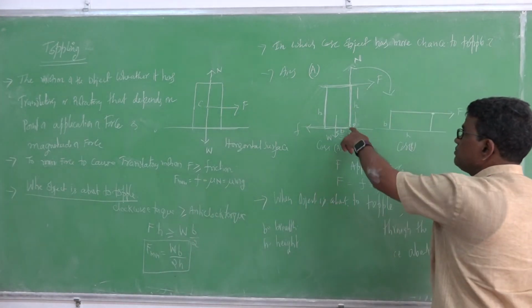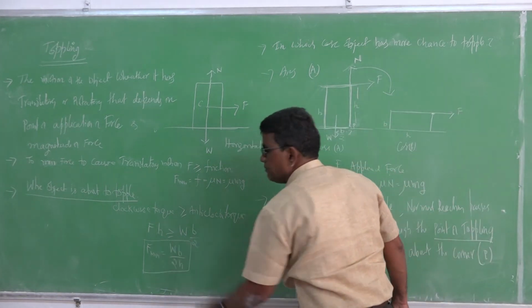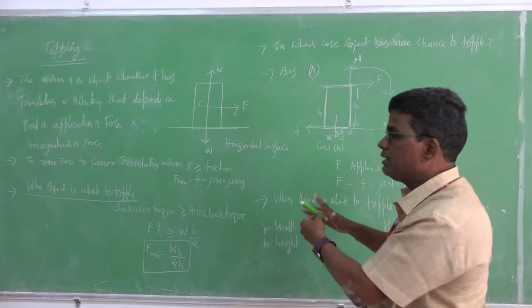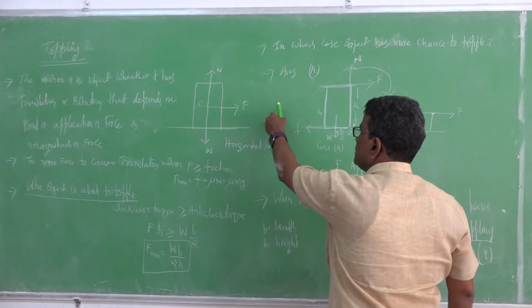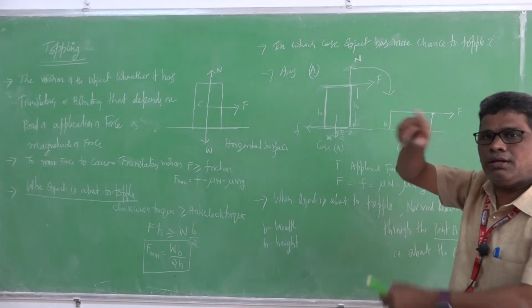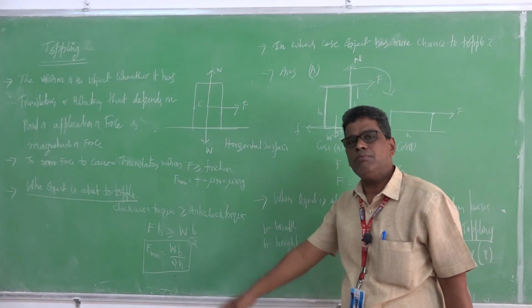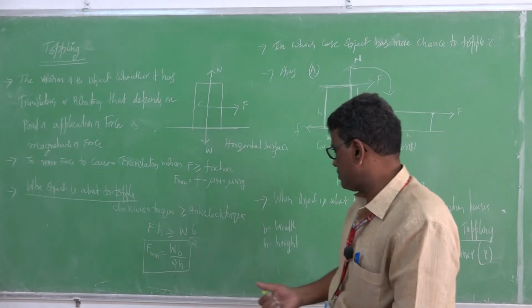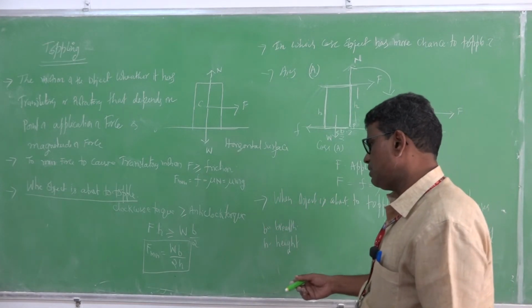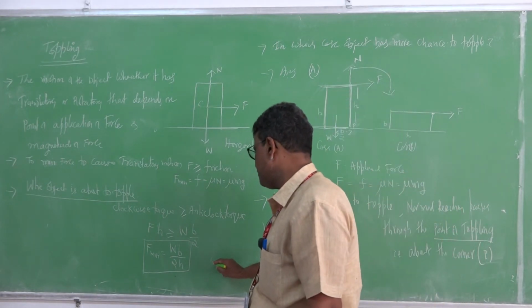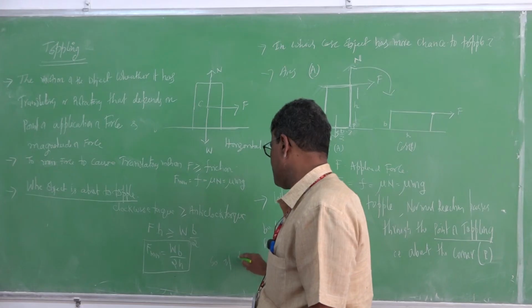If h is more, this value will be minimum. That means a small amount of force will make it topple. Suppose a big object moves like this. If you apply a little force and the height is more, then it will topple. So there are more chances of toppling if h is more and b is less.